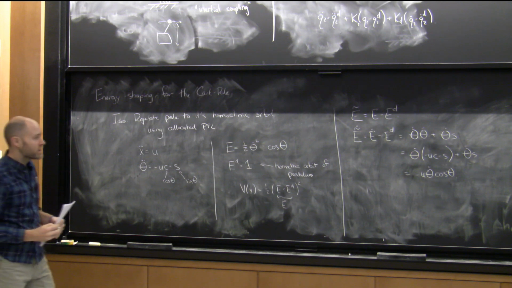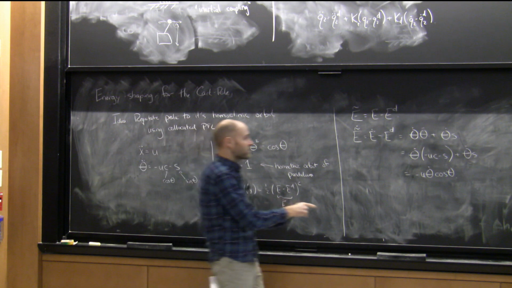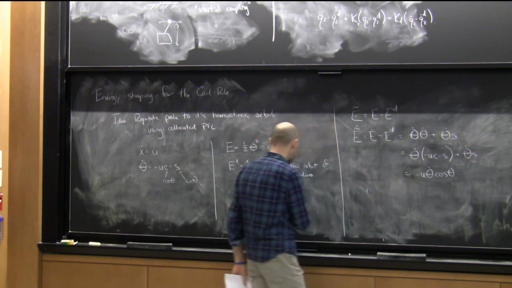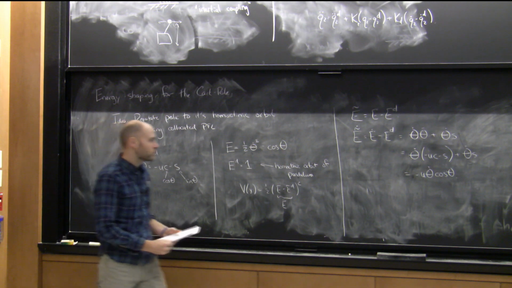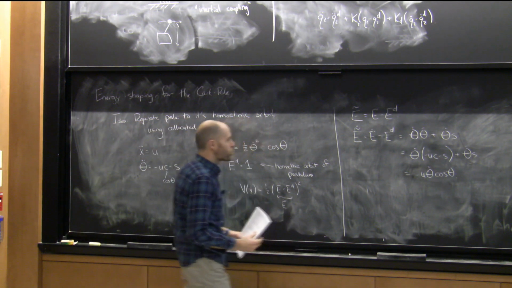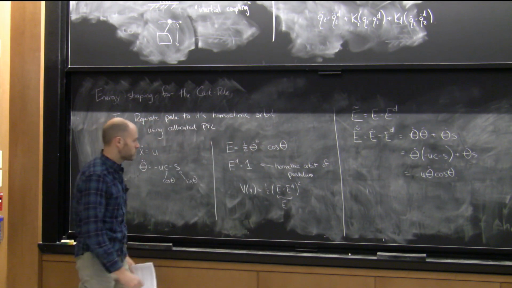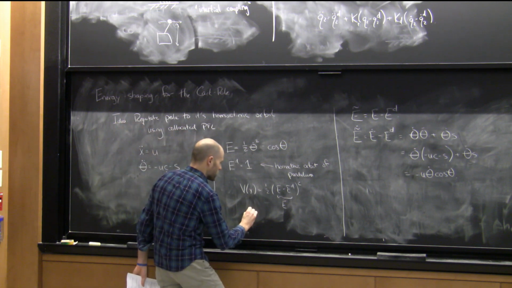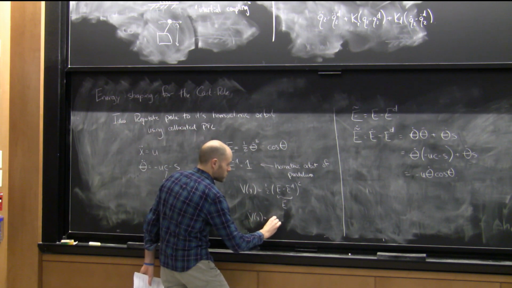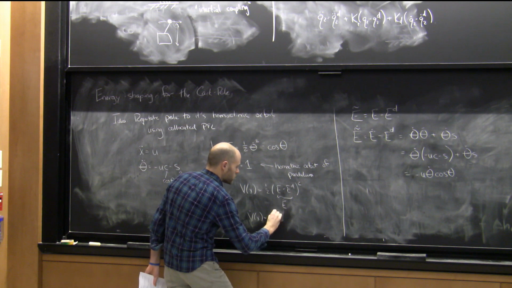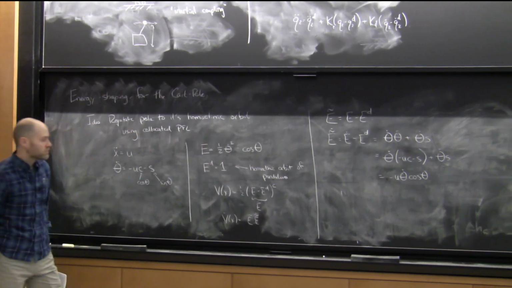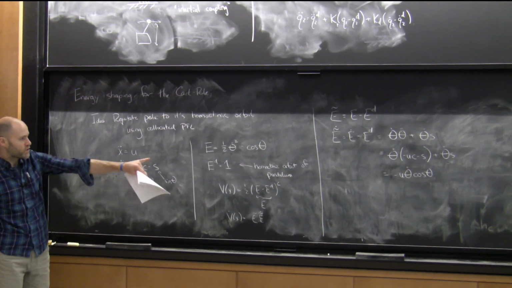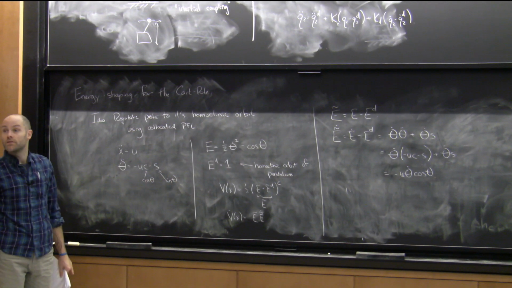What I'd like is for this thing to be always going downhill, or ultimately V dot to be always going downhill. So what should I choose? What should I choose to make V dot always going downhill?